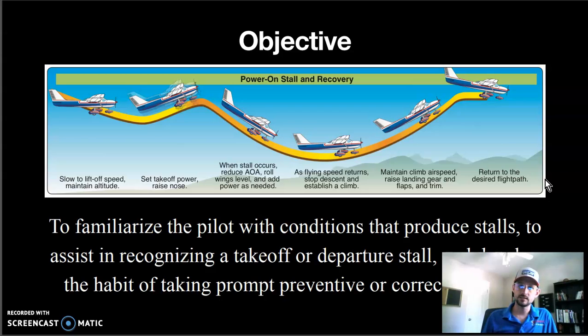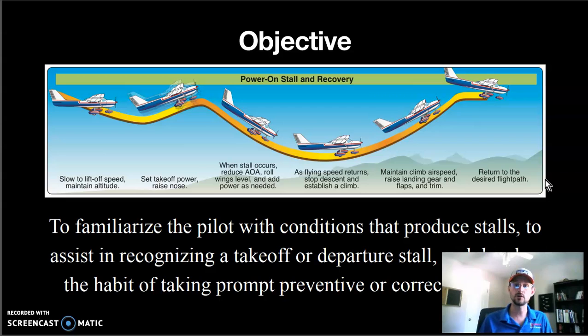So for the objective, we're going to familiarize the pilot with the conditions that produce a stall, and really the number one objective in all stalls is not to learn how to stall a plane, but to learn the characteristics that the plane is exhibiting before it stalls, so that the habit of taking prompt and preventative corrective action can be done right away, quickly.